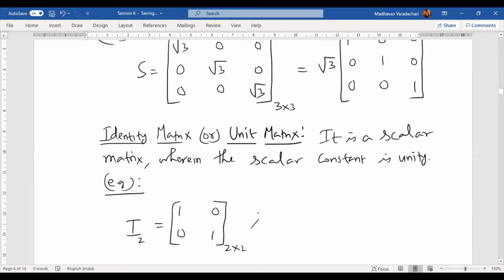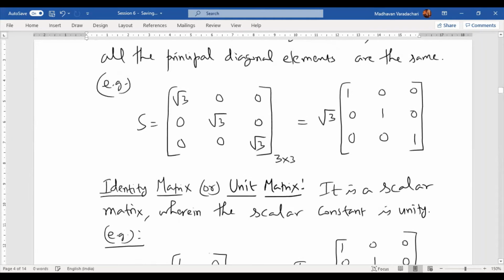If I want to draw a matrix of 3 by 3 order, I call it I3: 1, 0, 0, 0, 1, 0, 0, 0, 1. This is 3 by 3. So this can be simplified as root 3 into I3. A scalar matrix can be written like this.